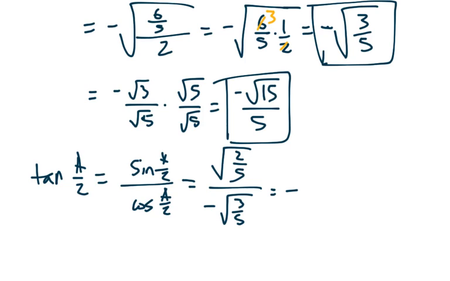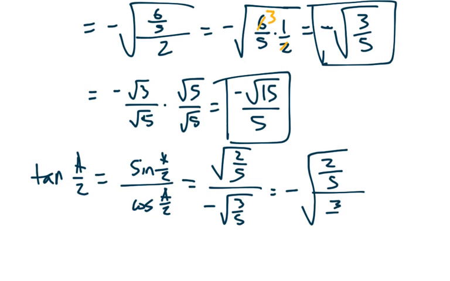I wrote it this way because it's going to be a little easier. If you have a square root of a fraction, it's the same as the square root of the top and the square root of the bottom. So we can use that property backwards. If I have a square root on the top and the square root on the bottom, this is equal to the square root of the whole thing.